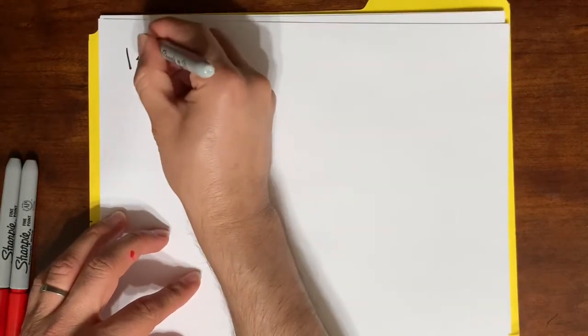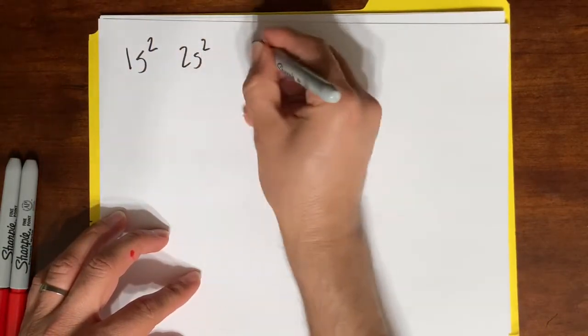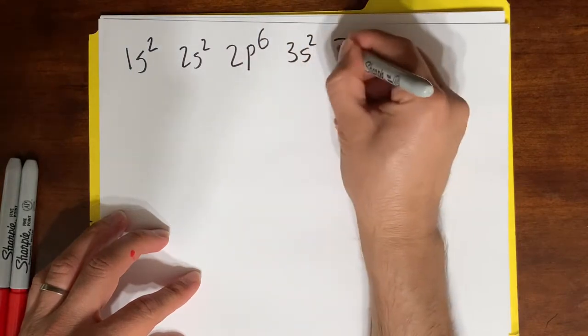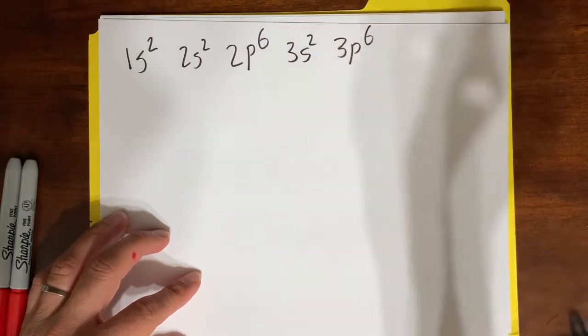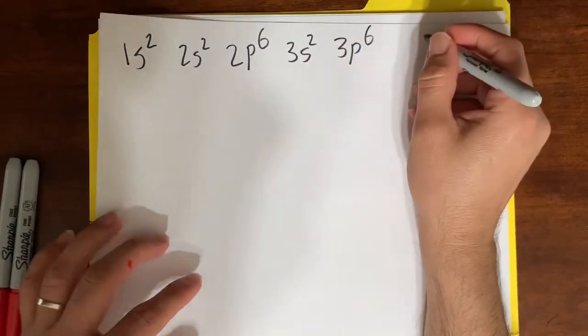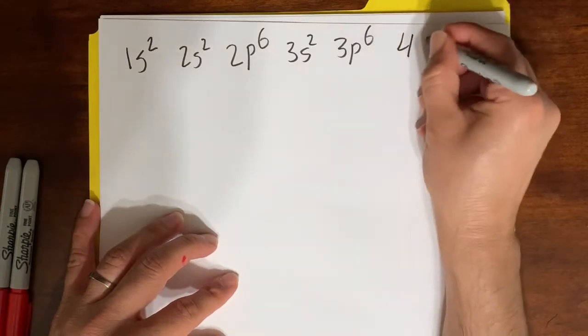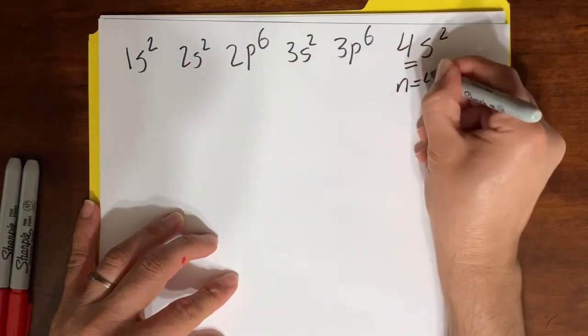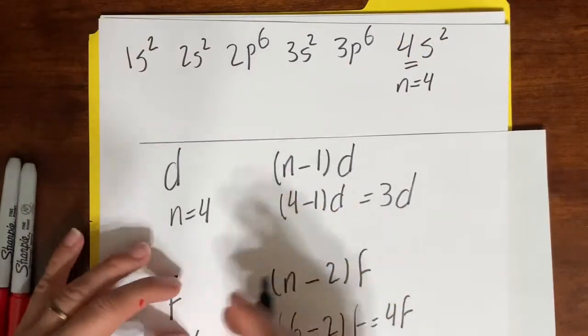1s with 2 electrons. 2s2, 2p6, 3s2, 3p6. Now I go with the d before the 4s. So here 4s2. I hit n equal 4.